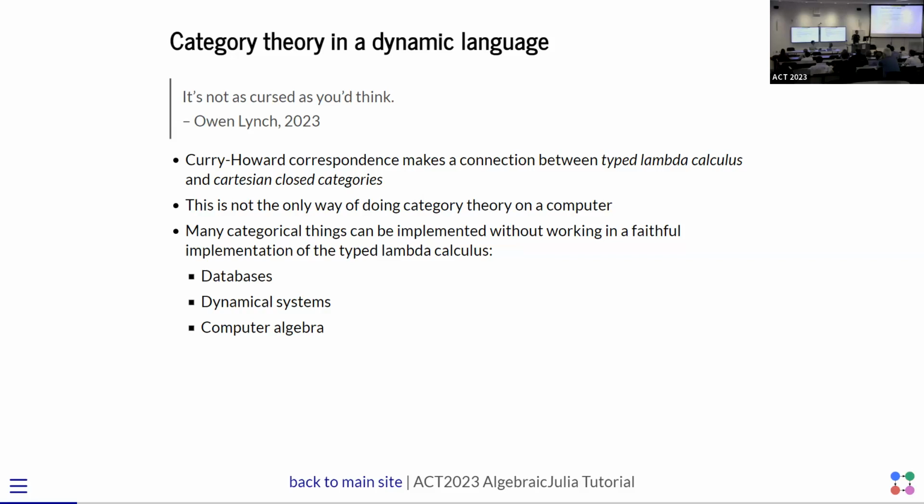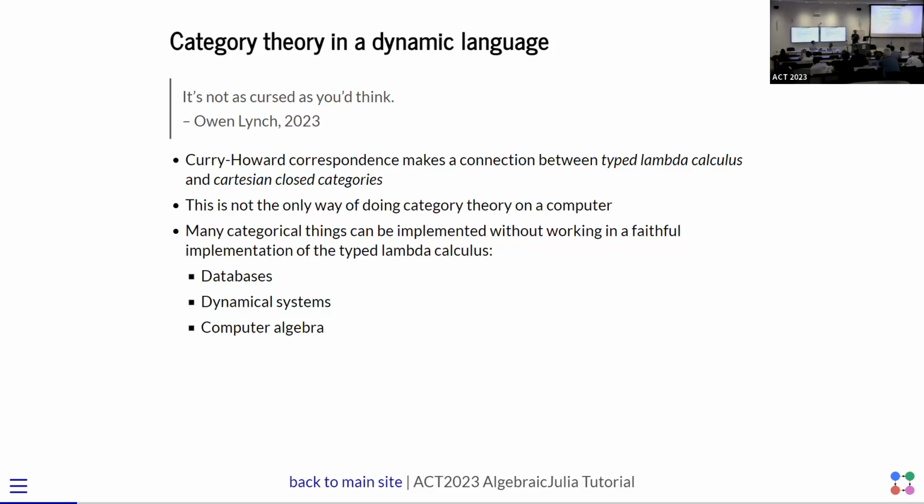So the Curry-Howard correspondence makes a connection between typed lambda calculus, which is what is implemented, and Cartesian closed categories.